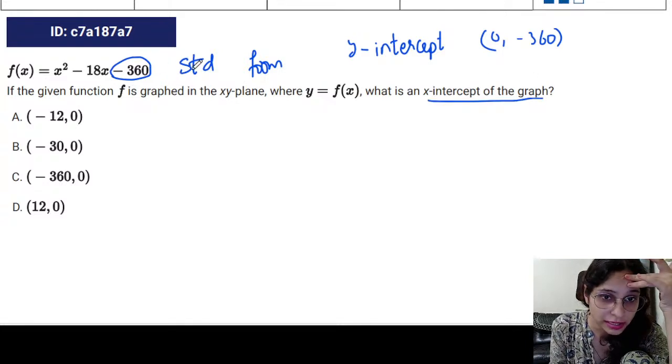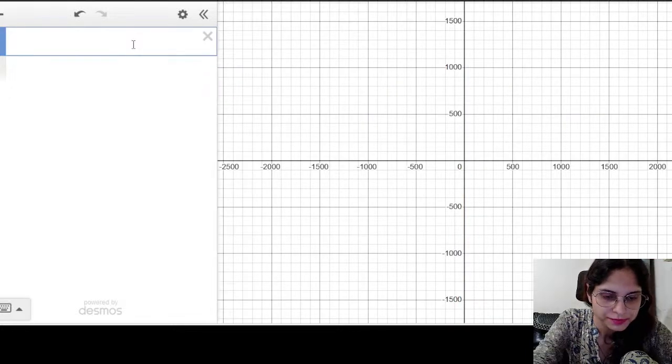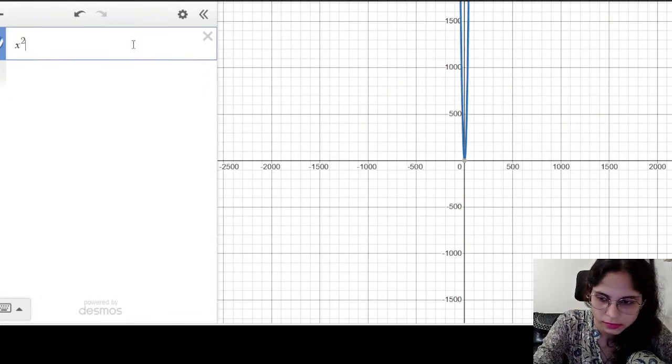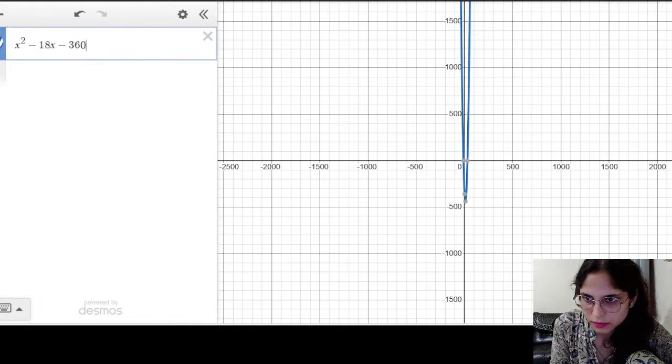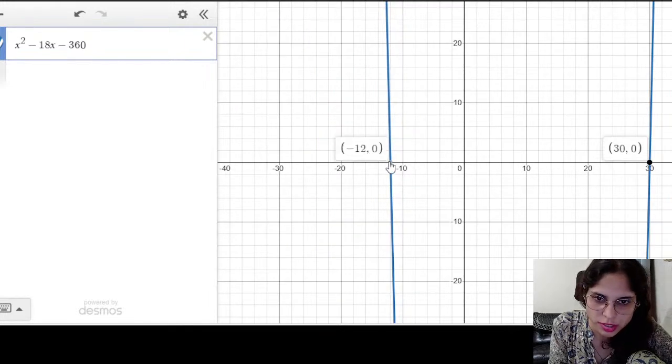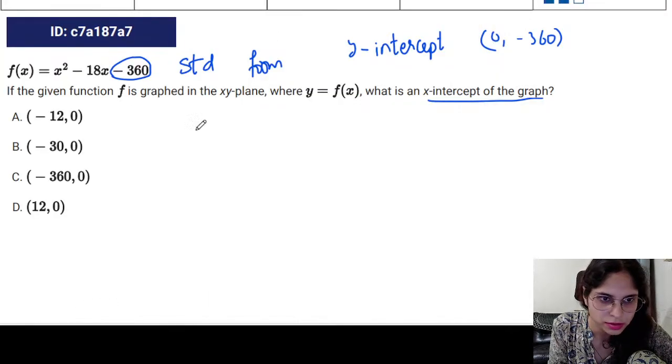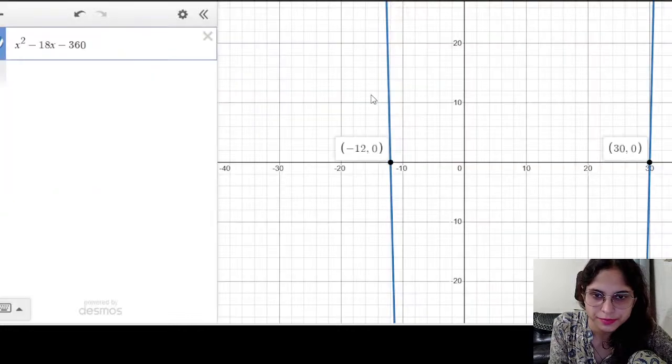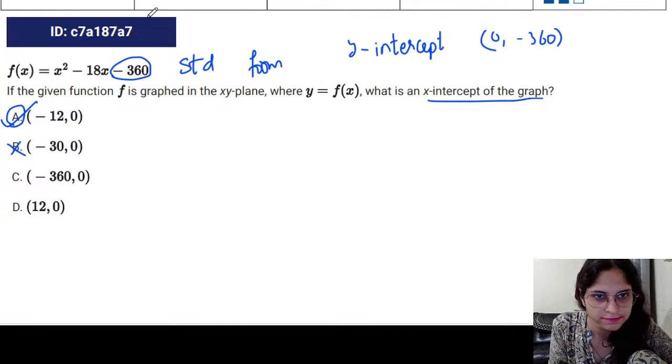For this you cannot directly know the x-intercept, so I just go to Desmos and type the equation. You've got 30, 0 and you've got negative 12, 0. So negative 12, 0 and 30, 0, that is your answer.